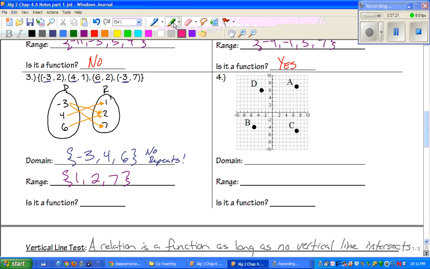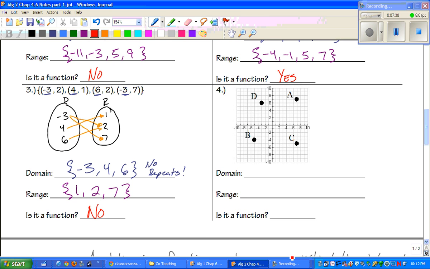Now look very closely at that because the -3 is going to 2 different numbers. And is that allowed? No, it's not. So is this a function? No. All right, and the next one.